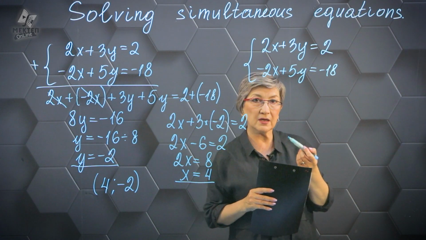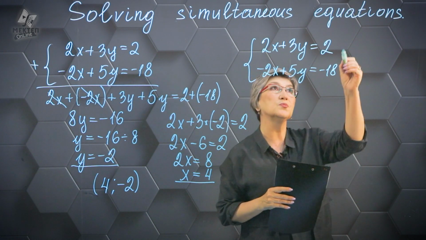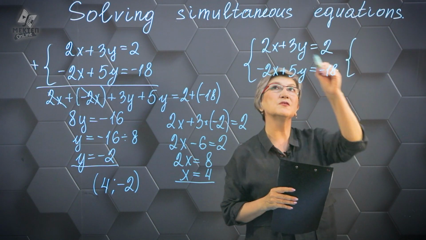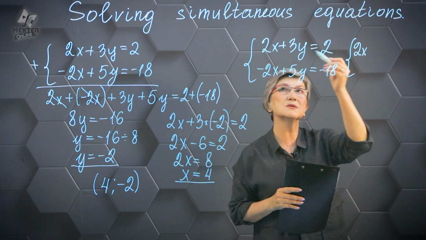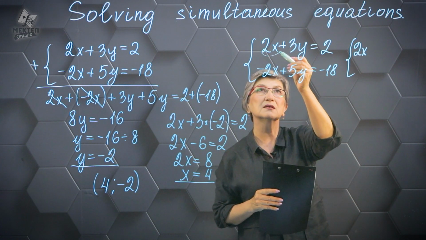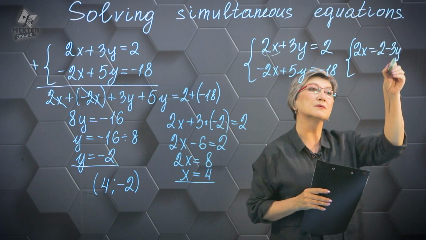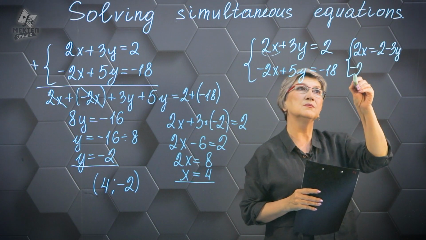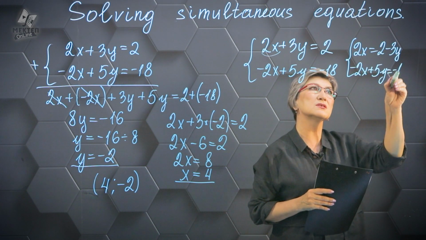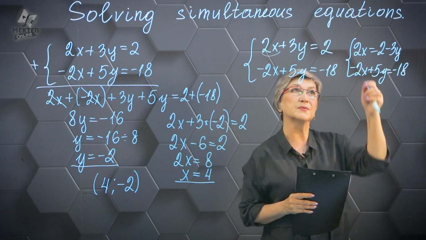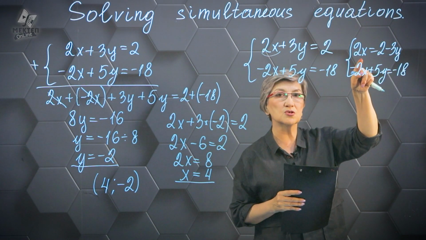We talked about expressing one variable through another variable. Let's express the variable x in the first equation. I'm going to write down 2x equals 2 minus 3y. Second equation, minus 2x plus 5y equals minus 18. We're rewriting. From the first equation, I find what x equals.